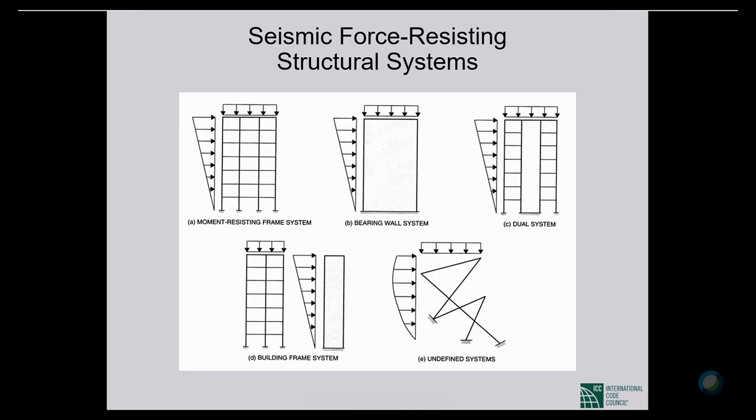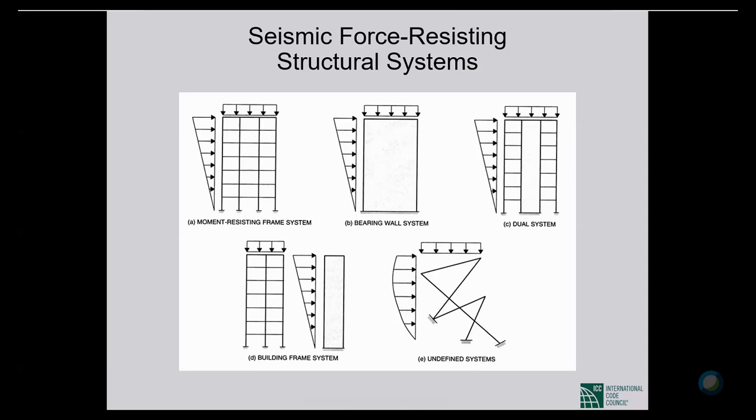The first is moment resisting frame system, where beam column frames or slab column frames, as may be, carry gravity as well as lateral loads. There are no shear walls doing anything significant for you. Okay, so the same frames carry gravity loads and lateral loads due to earthquakes.